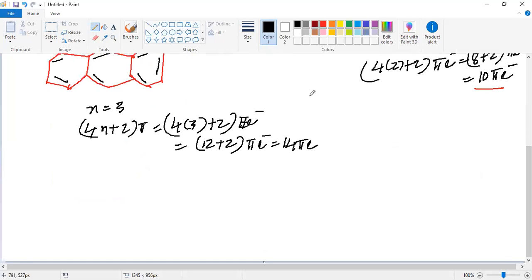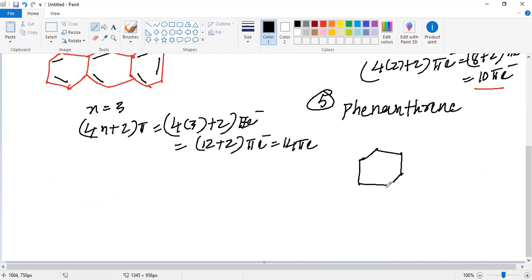Then, my dear students, we have the next one, which is the fifth example, and this fifth example is known as phenanthrene. Let us look at the structure of phenanthrene.